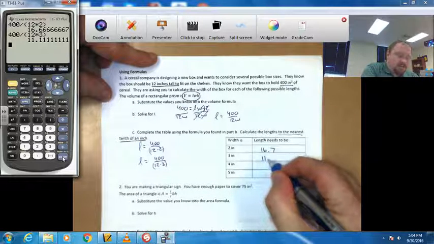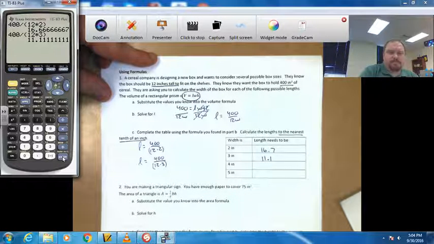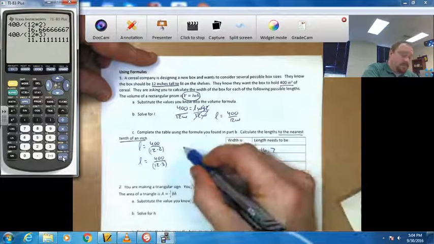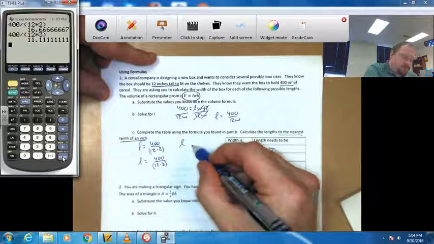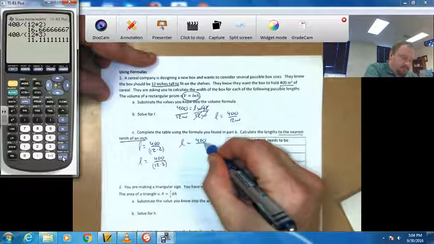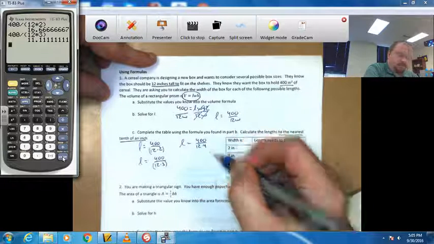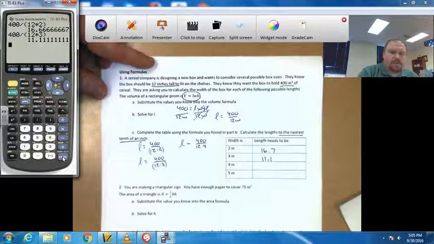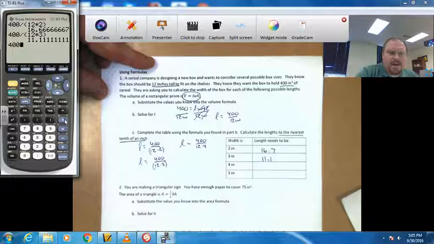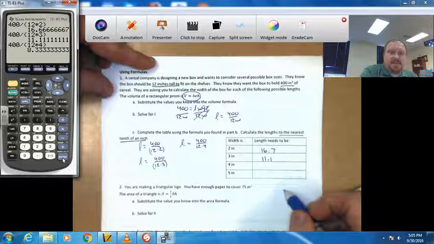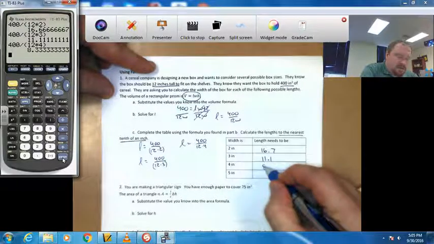So that's just 11.1. Now I'm going to do the same thing, but with the 4. So 400 divided by, parentheses, 12 times 4. Enter. And it tells me that it's 8.3 repeating. So that's just 8.3.